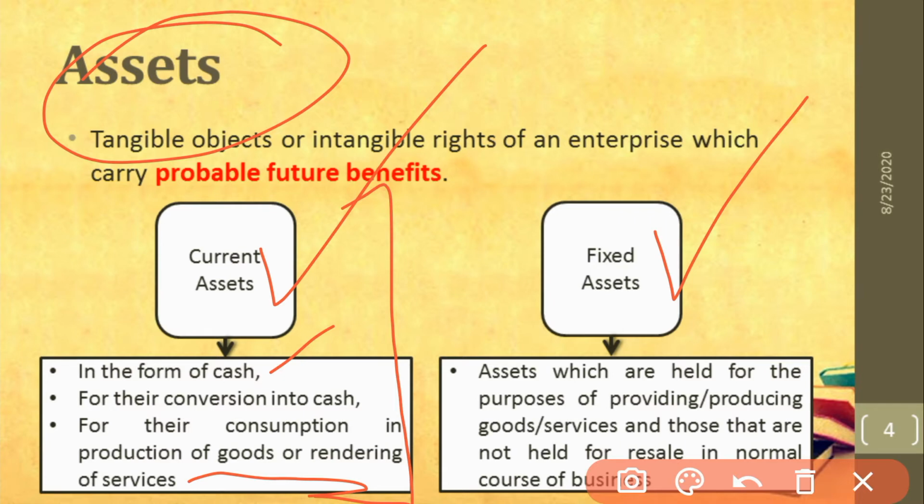And what are fixed assets? Fixed assets are the assets that are held for the purpose of providing or producing goods and services, and that are not held for resale in the normal course of business. Over here I have used the term normal course of business. What is the normal course of business? Supposedly I have a business of pens. In a month I have sold 10,000 units and procured raw material of 20,000 units.